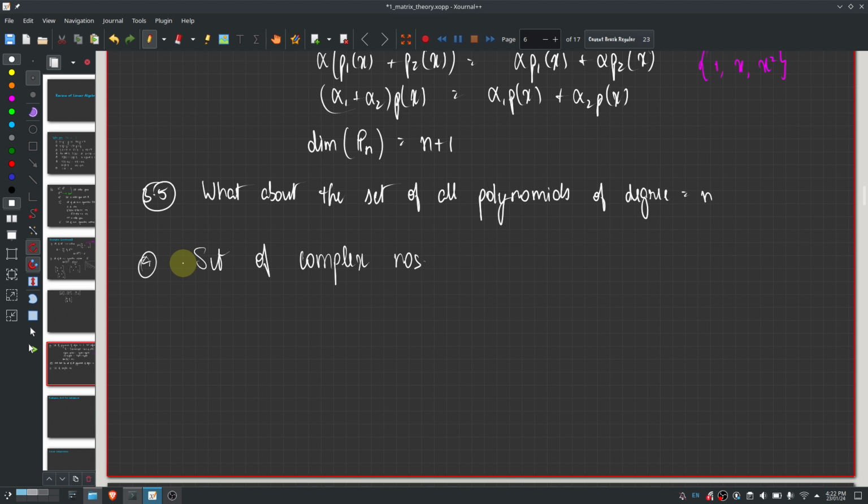Does this form a vector space? Yes, it does. And what is the dimension of this particular vector space? 2. Why?